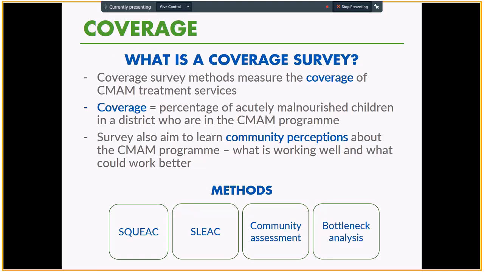If there are 100 acutely malnourished children in a health district, then we're trying to work out how many of them are accessing treatment, and if it's 40%, then 40 out of 100, or 4 out of 10 children in the health district are accessing treatment.